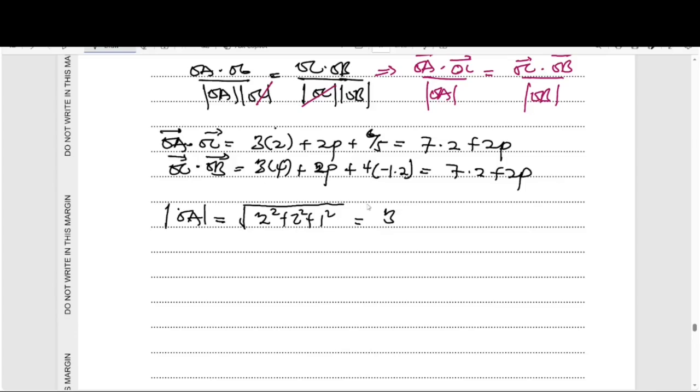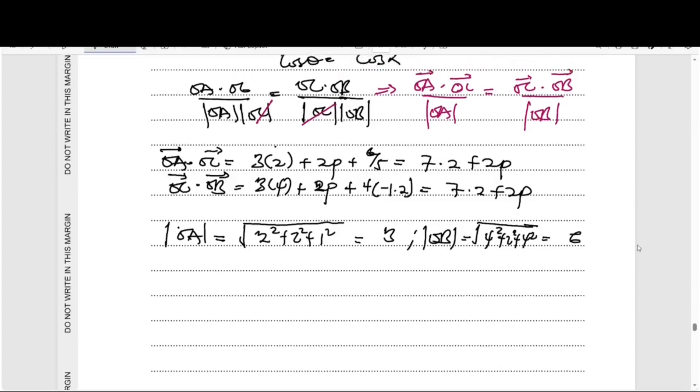Then we do the same thing for OB. Magnitude of OB, remember B is also 4, 2, 4, so it becomes 4 squared plus 2 squared plus 4 squared. So we have 32 plus 4, 36, so the magnitude is 6.